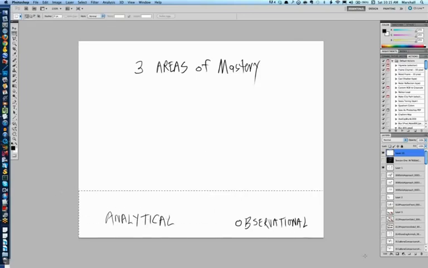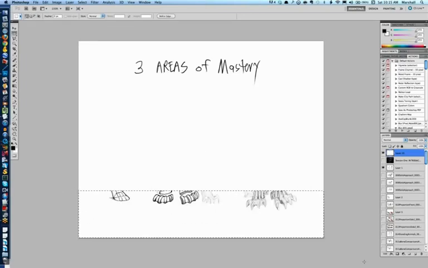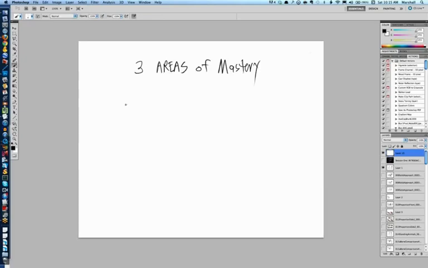The first one is the one that everybody knows about, and in many ways is the least important, but it's certainly important, and it is technique. Technique can be described briefly.